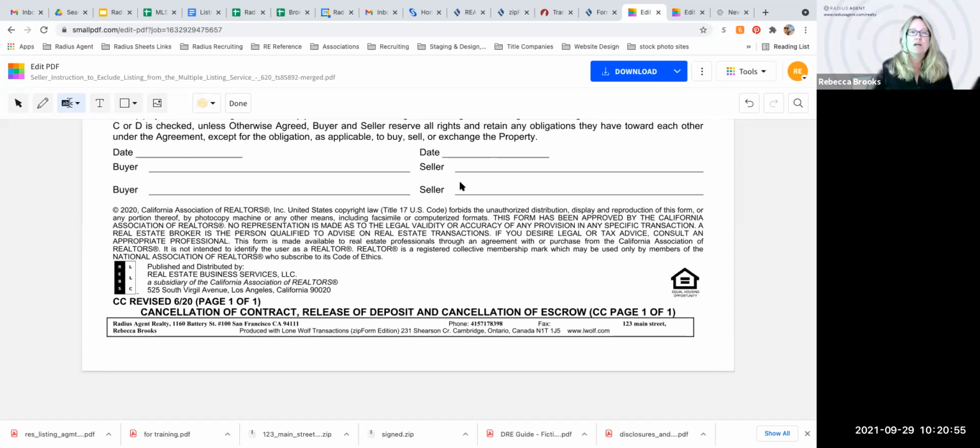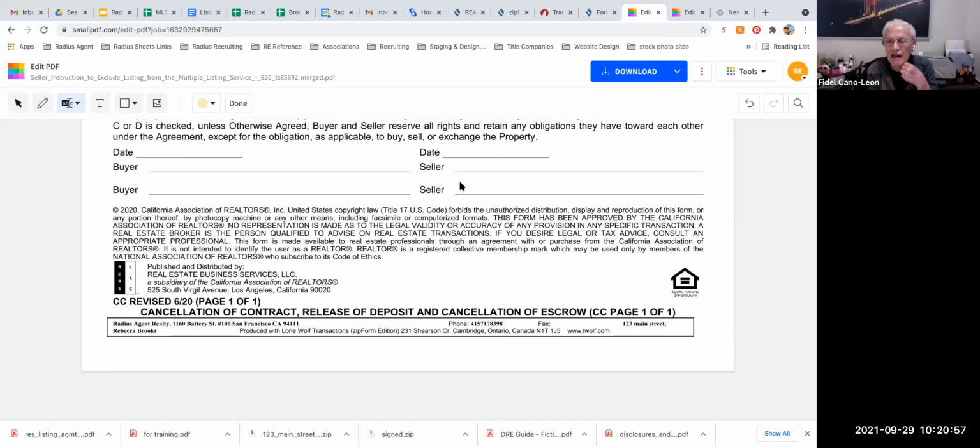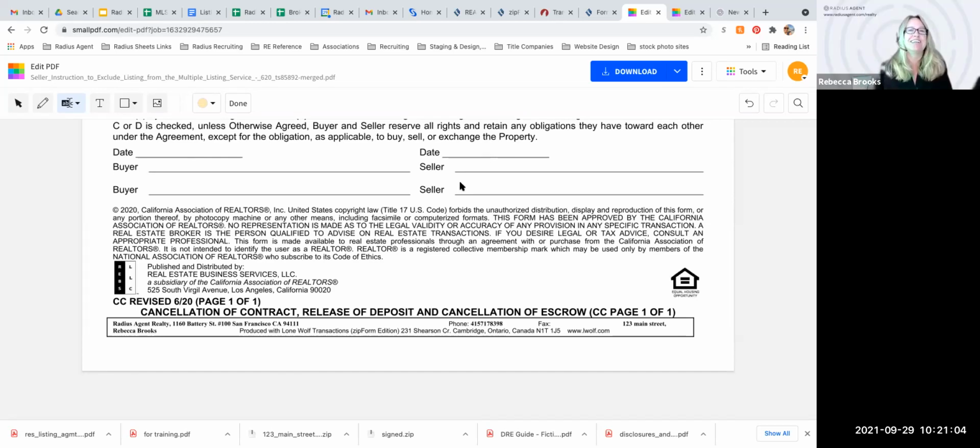If you extend, in a case like that would it be recommendable to approach another lender? Yes, Vidal, very good. Good point. I was going to say that. Whenever I feel that my buyer is going to have drama with the lender we're dealing with, I always recommend that my buyer have a backup plan.